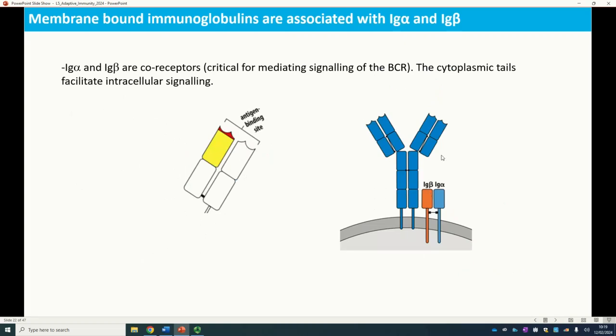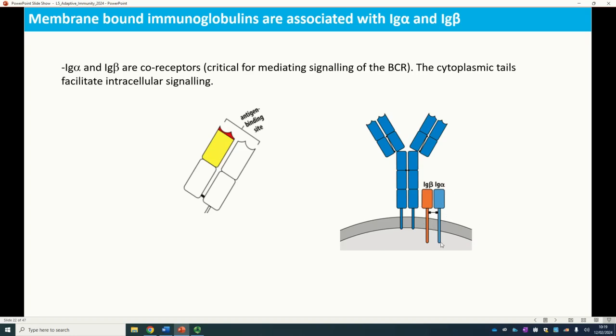Now, if we look at the B cell receptor, which is membrane-bound immunoglobulin, we have some co-receptors as well. The important co-receptors for the B cell receptor are Ig alpha and Ig beta. These help to mediate the signaling of the B cell receptor.